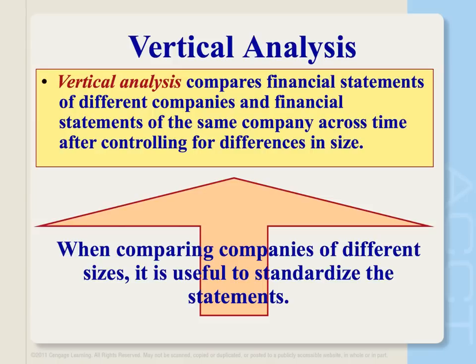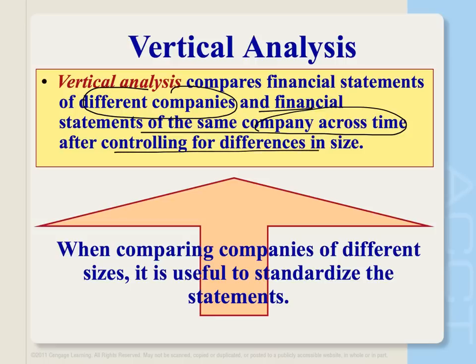So vertical analysis compares financial statements of different companies and financial statements of the same company across time after what we call controlling differences in size. When you're comparing companies of different size, it's useful to use these standardized statements.